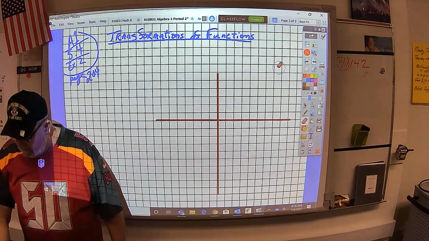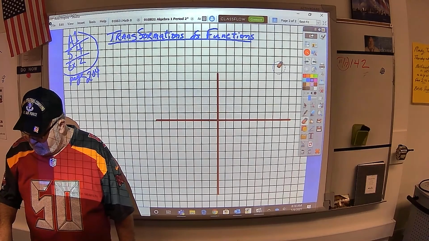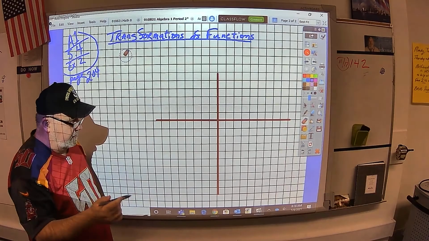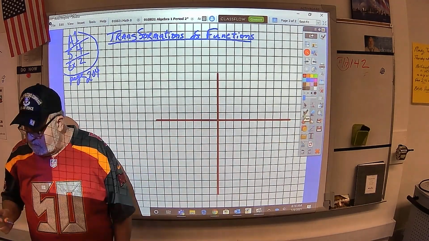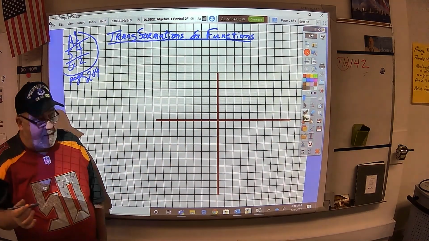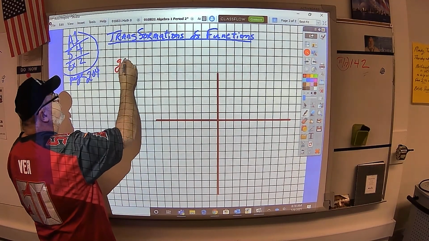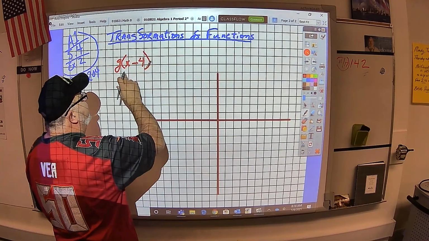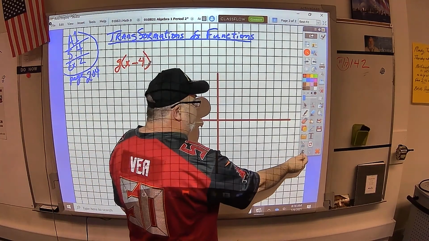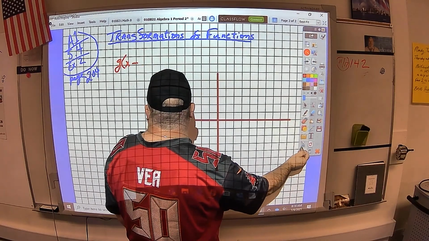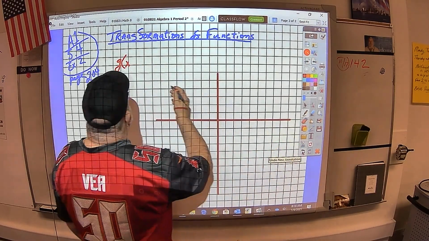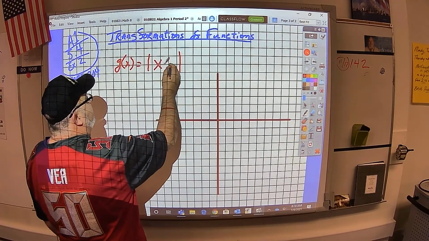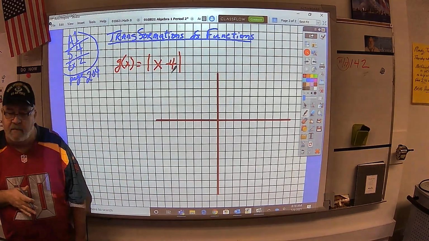Example 3 says we're going to take this model and compare now g sub x. Different model, guys. Different model. G sub x equals the absolute value of x minus 4. Now that's changed that model quite a bit.